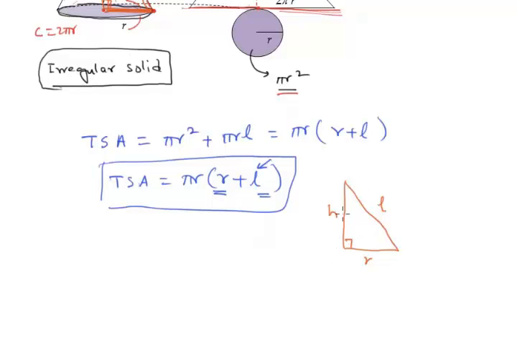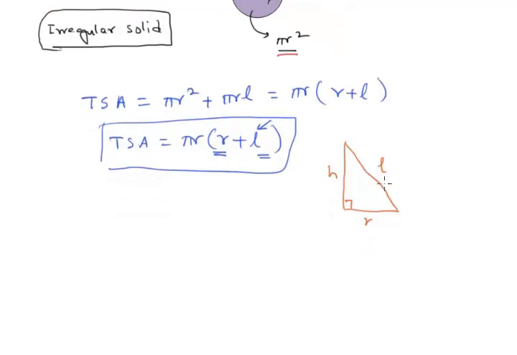So if we use the Pythagoras theorem in this triangle, the hypotenuse square, that is L square, equals the sum of the squares of the other two sides, H square plus R square. This relation will be very useful. If we are given R and H, we can find L. If we are given L and R, we can find H. So L equals the square root of H square plus R square.